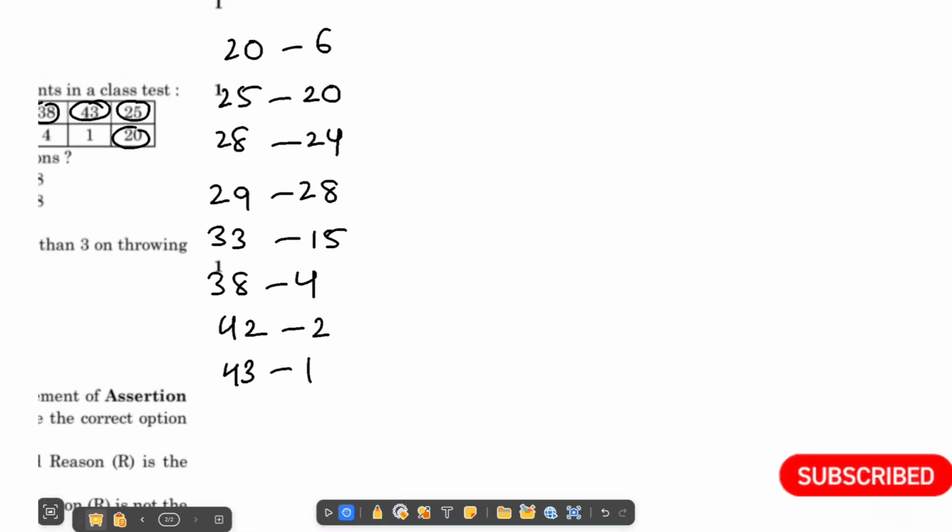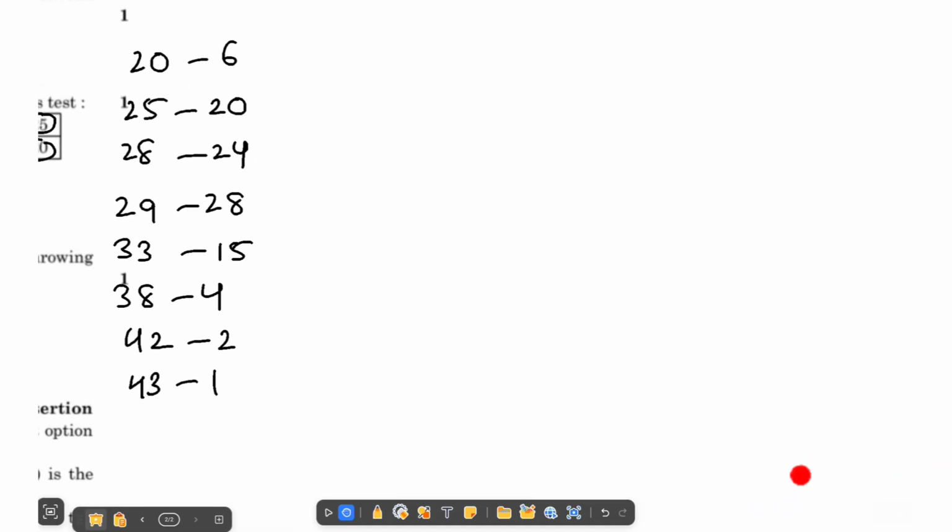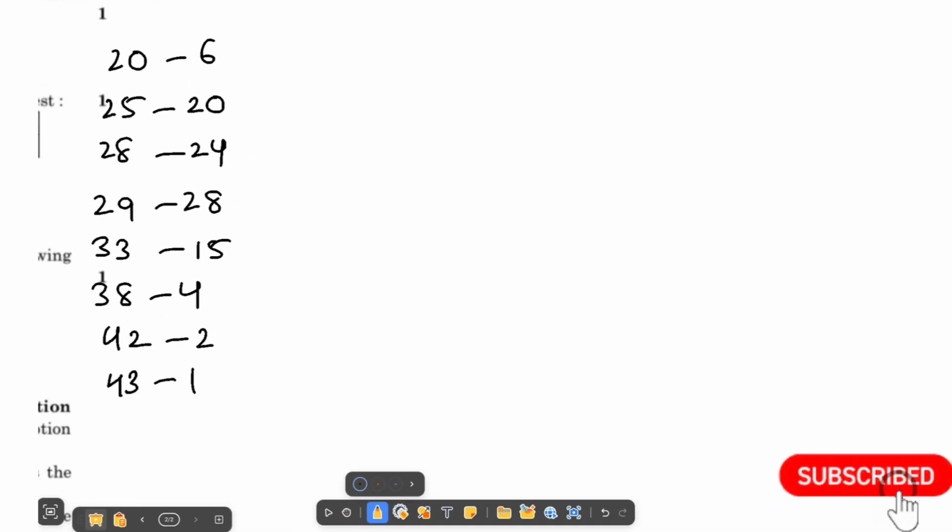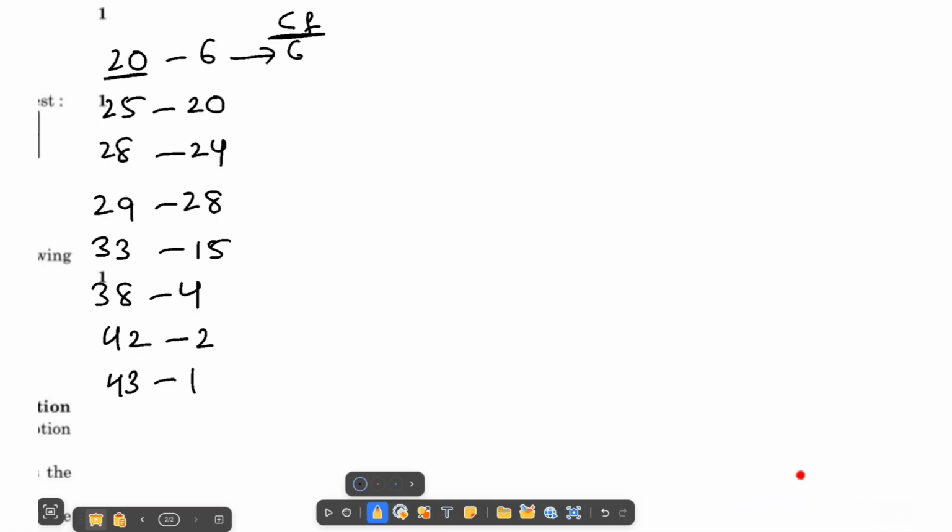So let's find the cumulative frequency. Cumulative frequency is the sum of the frequencies from top to bottom. Here the first one is 6, so there are 6 students who got 20.